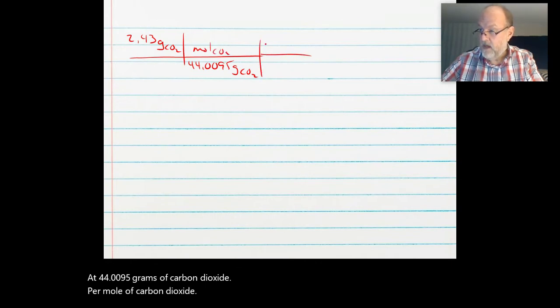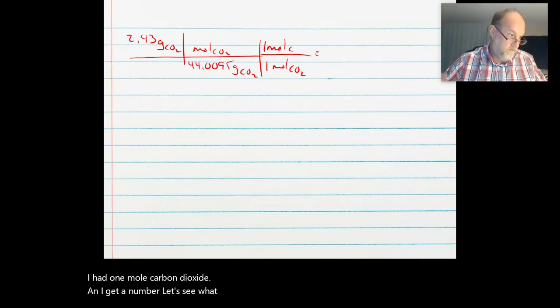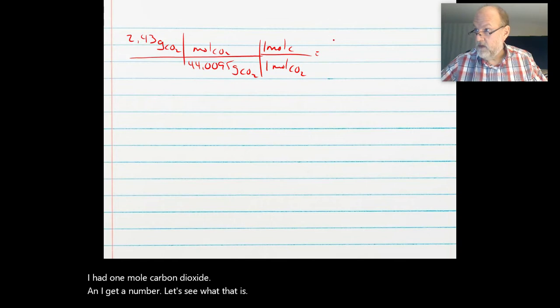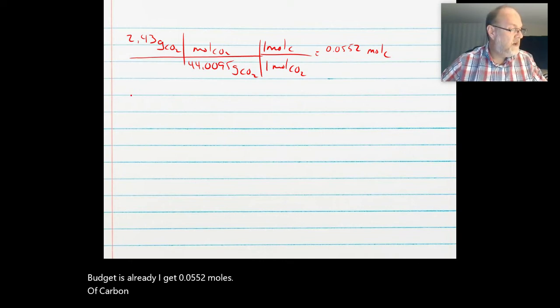And still, for every 1 mole of carbon, I had 1 mole carbon dioxide. And I get a number. Let's see what that is. I did this already. I get 0.0552 moles of carbon.